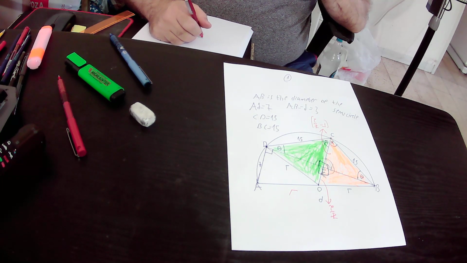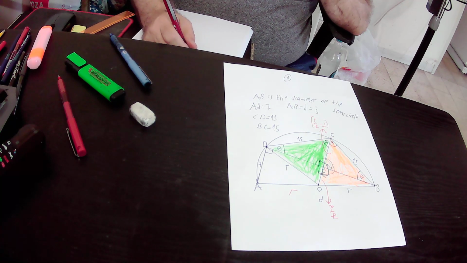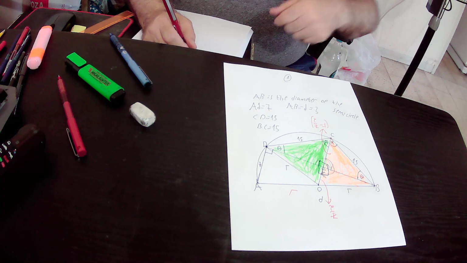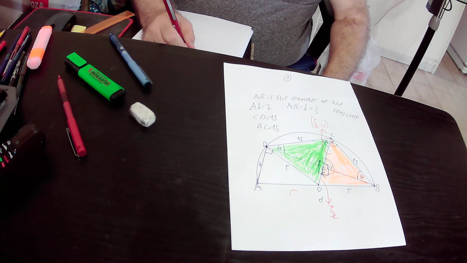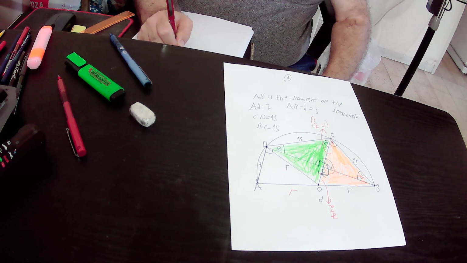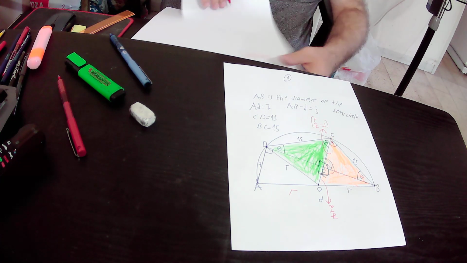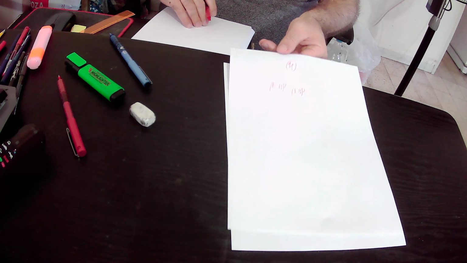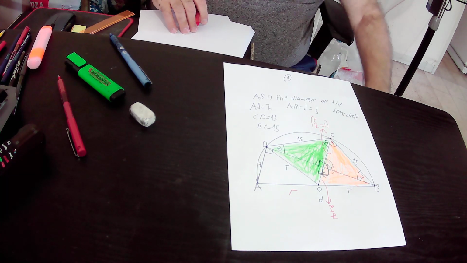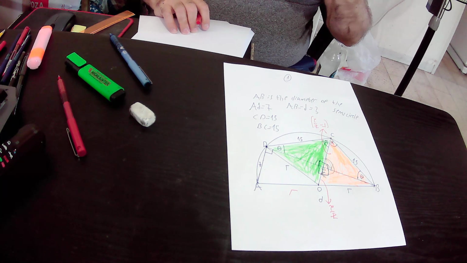Okay, so we will create the equality that states that EB square equals EB square. But actually EB is a common side.